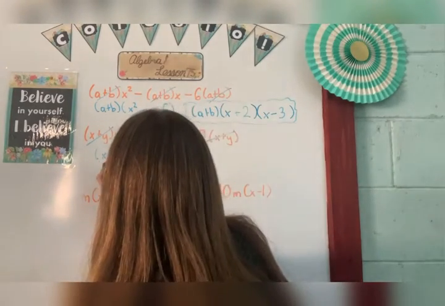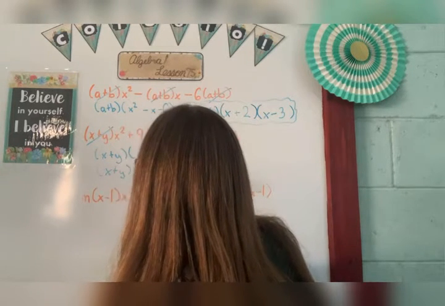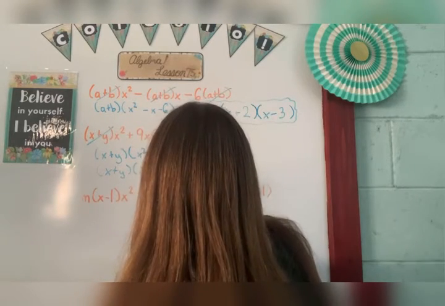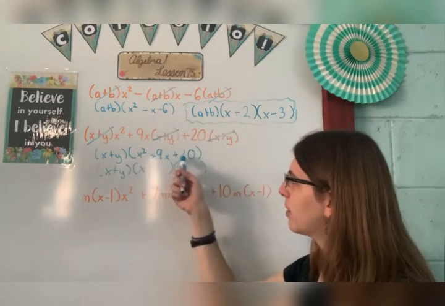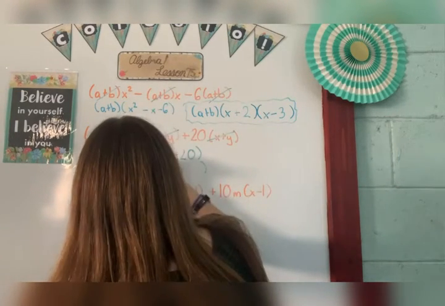So I know that in front I always have this factor of x + y. Then I set up my two parentheses, x and x. Every term is positive, so that means these two terms are going to be positive as well.